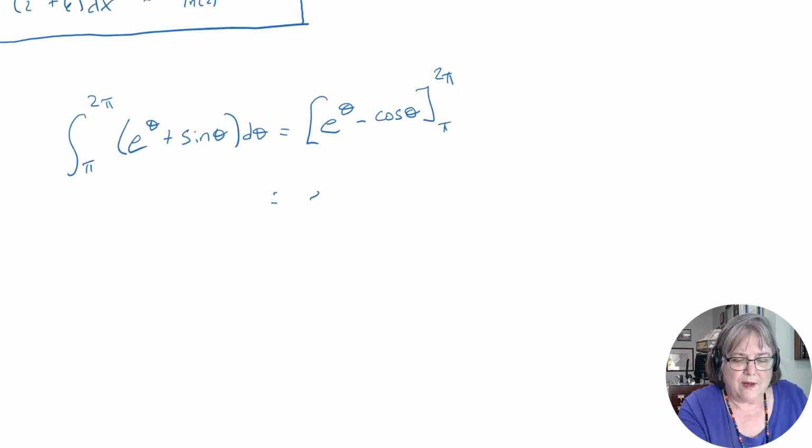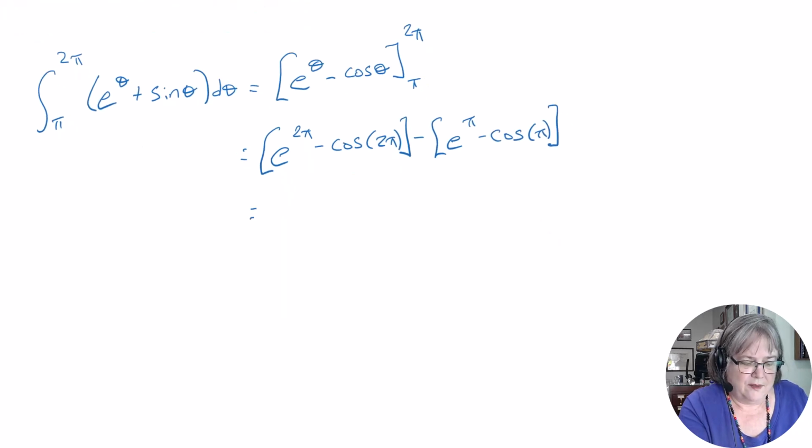So we would have e to the 2 pi minus cosine of 2 pi, minus e to the pi minus cosine of pi. So this is e to the 2 pi minus cosine of 2 pi, which is 1, right? And this minus is going to distribute.